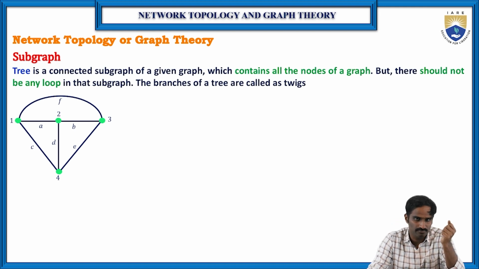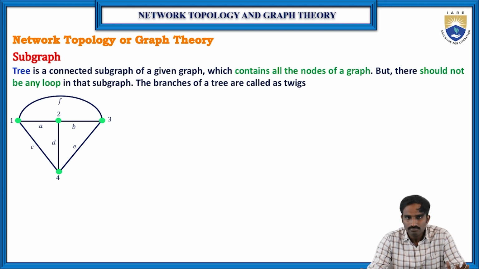A tree is a connected subgraph of a given graph which contains all the nodes of the graph, but there should not be any loop in the subgraph. That is the condition: the subgraph should contain all the nodes but no closed loop, then we can call it a tree.